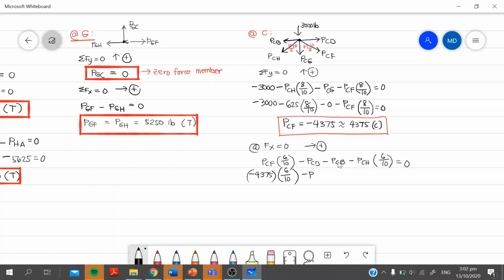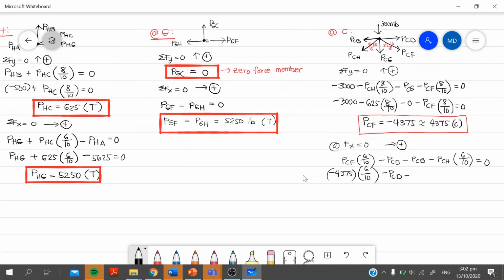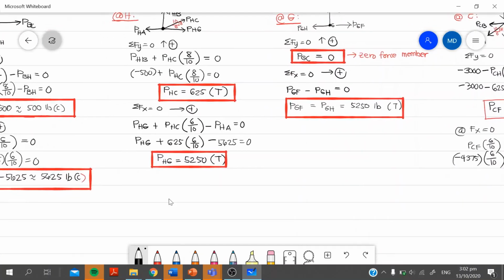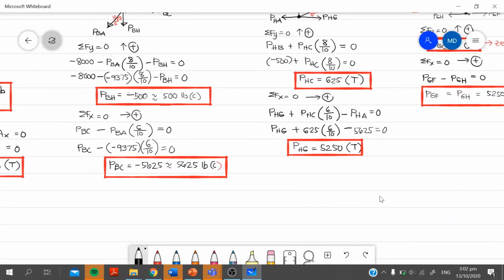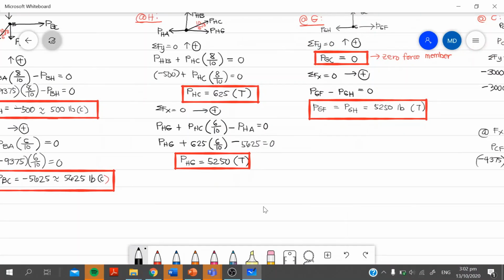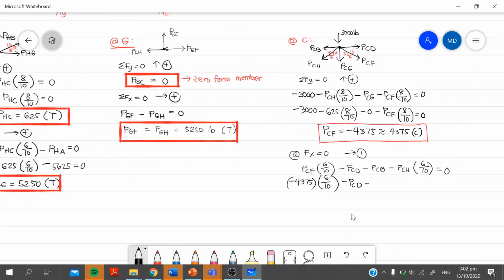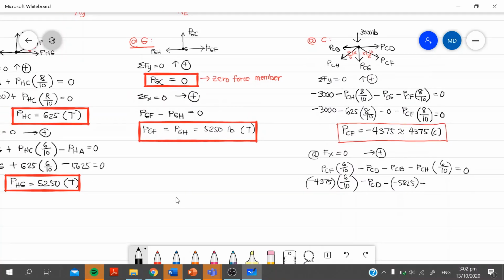So, what about force CB or BC, they are the same. Already solved to be negative 5625. And then, CH or HC, already solved, 625.